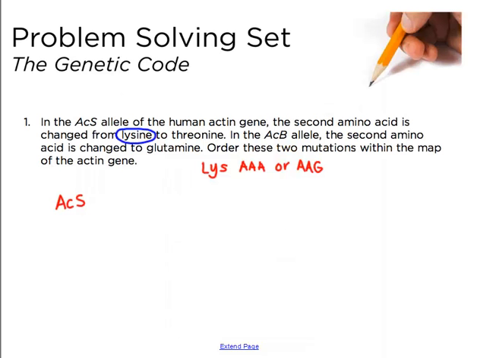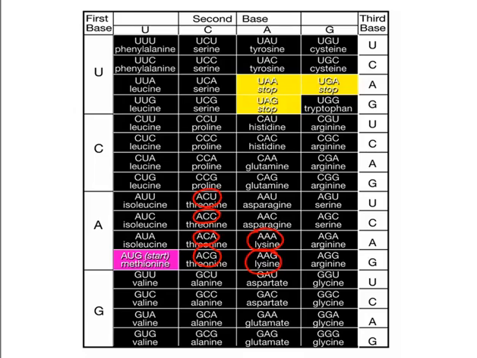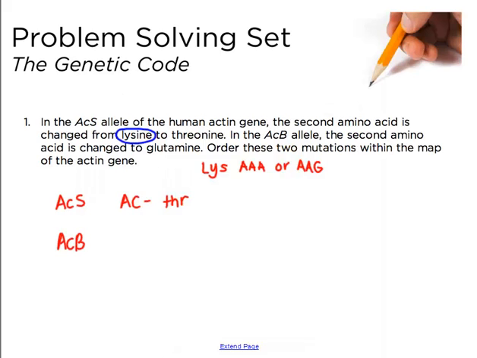So we'll write AC dash for threonine. And then the ACB mutation changes it to glutamine. So glutamine is right here. It could be CAA or CAG. And this is for glutamine.